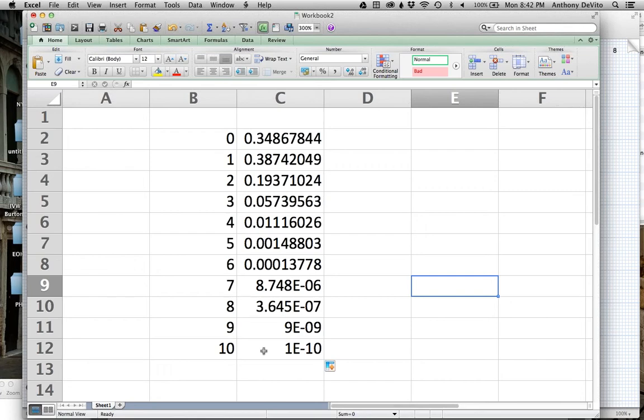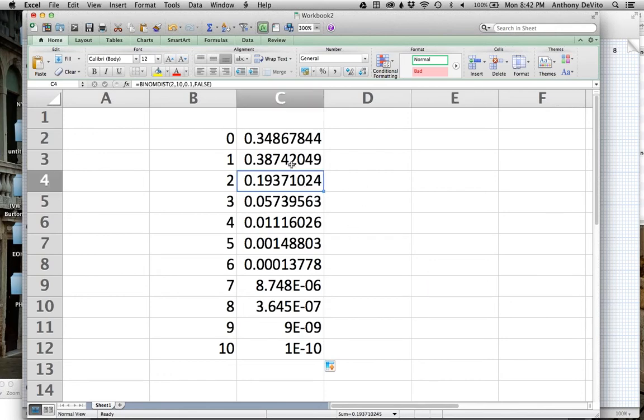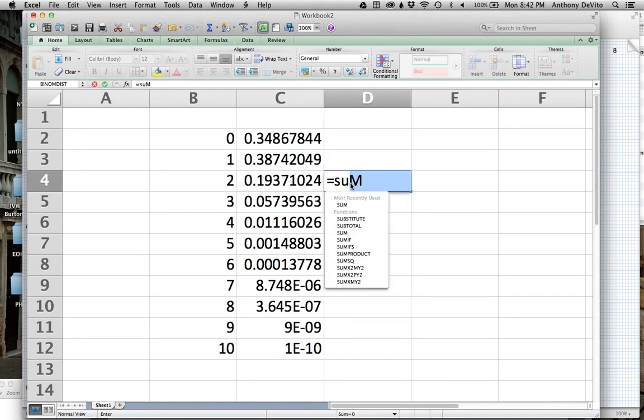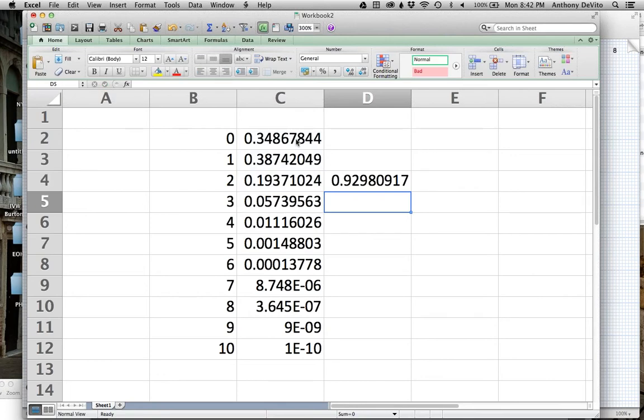Okay, what if I ask you what's the probability of getting 2 or fewer diabetics if I select 10 people? What would you say that's equal to? Was it 19% for 2, 38 for 1, and 34 for none? It's going to be the sum of those. Sum of all of these numbers. Probability of getting 2 or fewer diabetics is 93%, 92.9%.